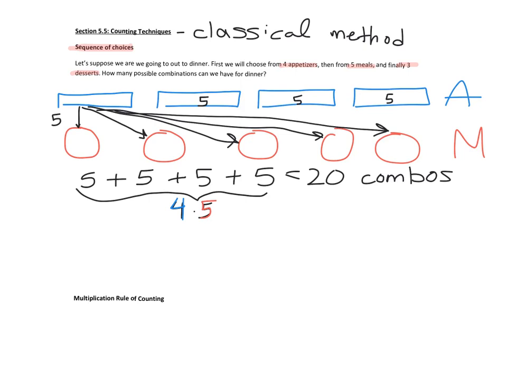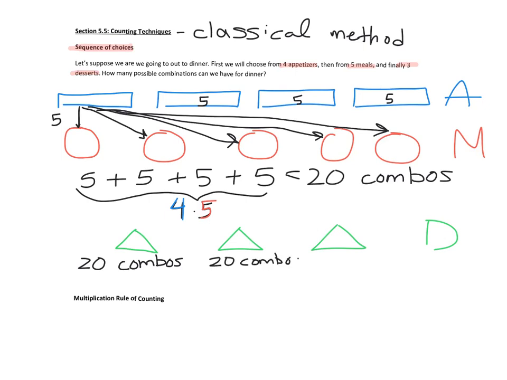Okay, let's talk about the desserts, and we'll bring out maybe a green triangle for desserts. We have 3 desserts, 1, 2, 3. For each of these desserts, you can think of combining the 20 combos with it. We can take all the 20 combos and pair them with the first dessert, or we can take those 20 combinations and pair them with the second, or we can take the 20 appetizer-meal combos and pair them with the third dessert.